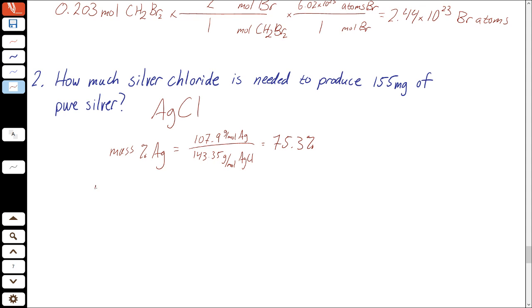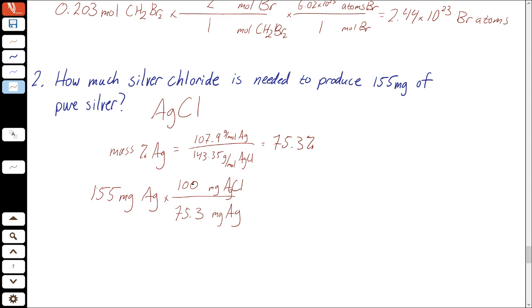So then if we want 155 milligrams of silver, we want to know how much silver chloride do we need for that. Our percentage gives us that there are 75.3 milligrams of silver per 100 milligrams of silver chloride.